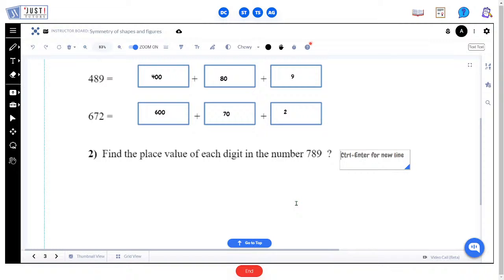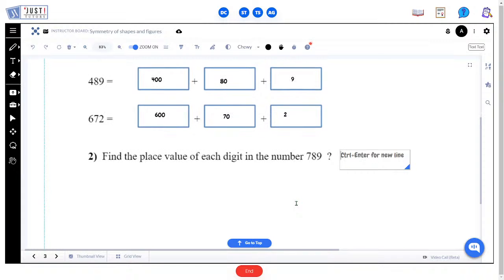Now below that we have another question. Find the place value of each digit in the number 789. So the place value of 7 in this number is 700. The place value of 8 in this number is 80.